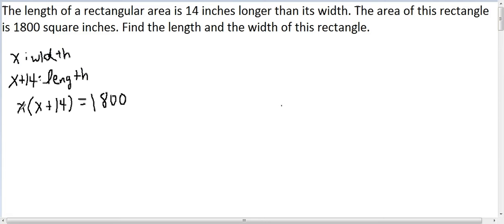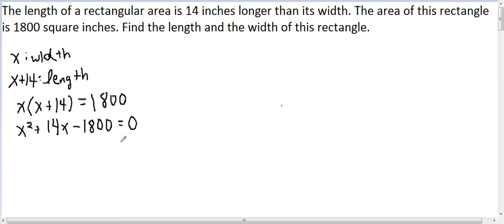We first multiply x to x plus 14, which gives us x squared plus 14x. Then we subtract 1800 from both sides of the equation, and that's equal to 0.